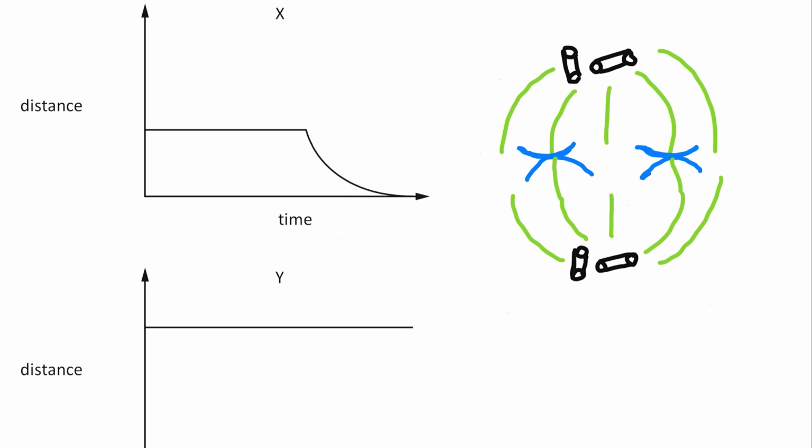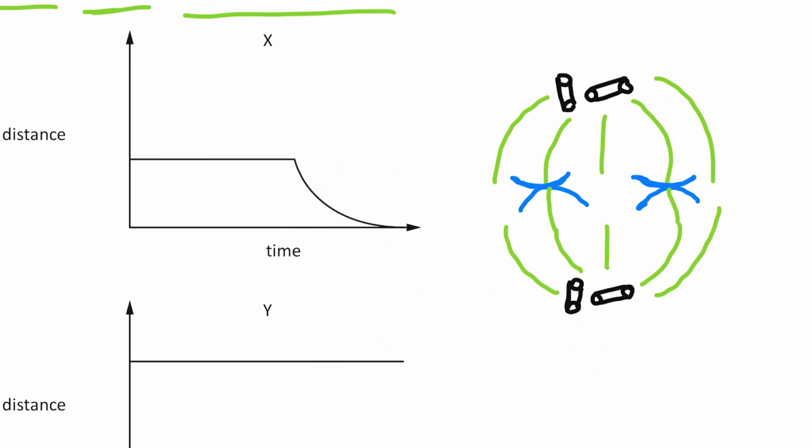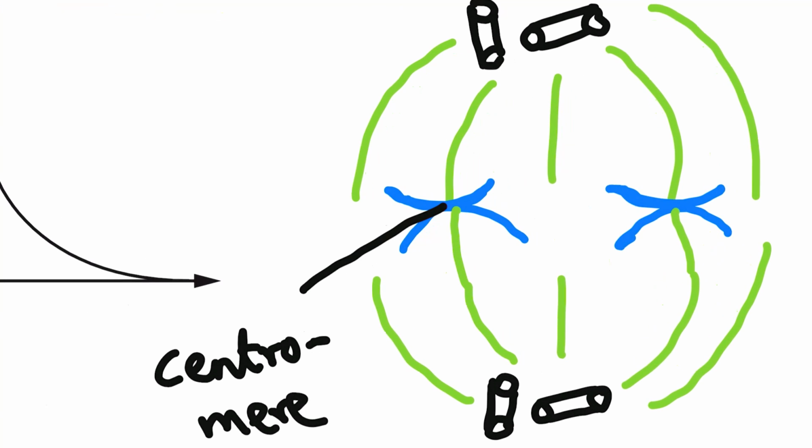Okay, so this is metaphase, and if we talk about different distances at metaphase, so what could be different distances? One distance could be the distance between the centromere. As you all know guys, this is the centromere. So we can say that one distance is the distance between the centromere and the centriole.